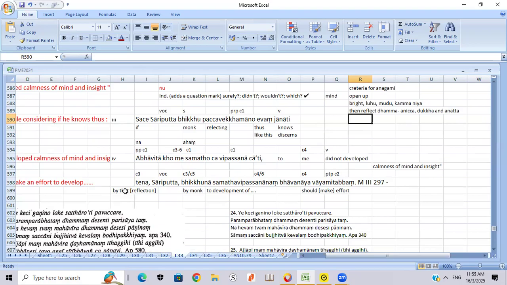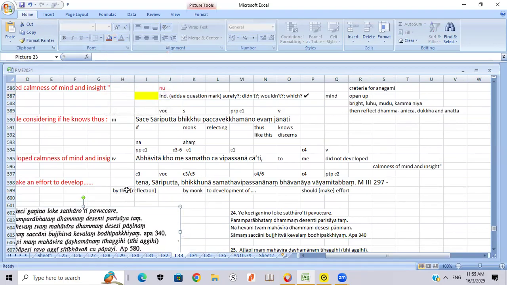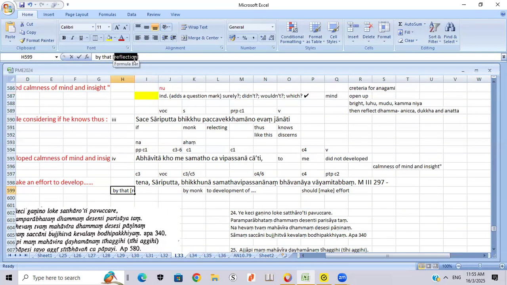You see tena. So when you see the word tena, the one I told you, there is always something not mentioned. Something not mentioned in this case is the reflection.